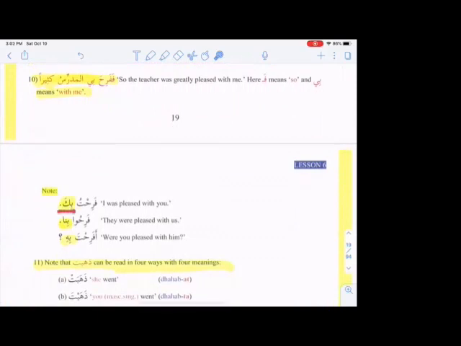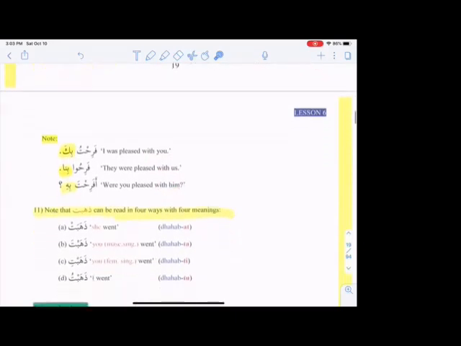Bika, you see, Fariha will always be followed by the preposition bi. Bika, Farihtu bika, I was pleased with you. Farihu, they were pleased. Bina, with us. Bina is with us. Bika is with you. Farihta bihi, were you pleased with him? Bihi is with him. So keep that in mind.